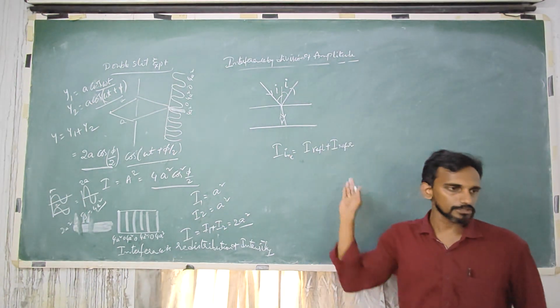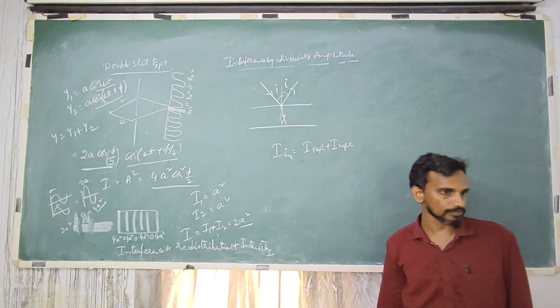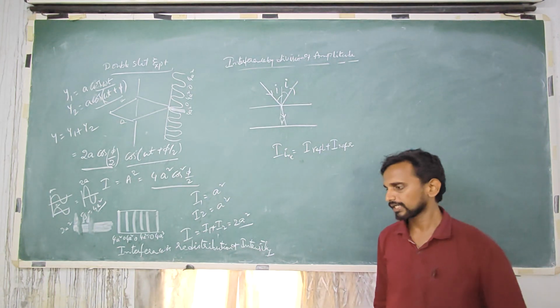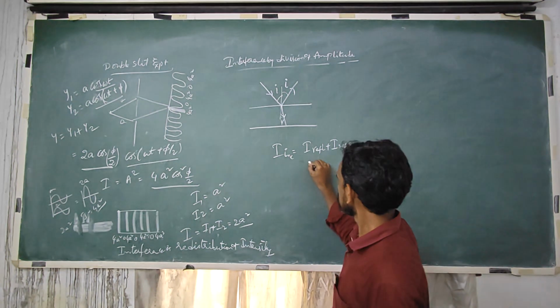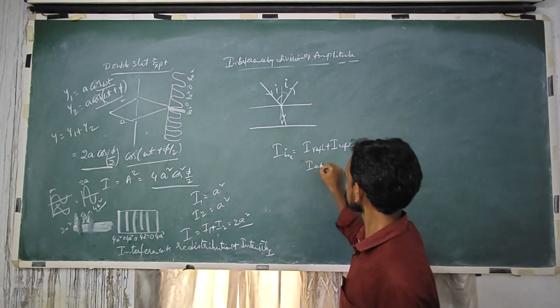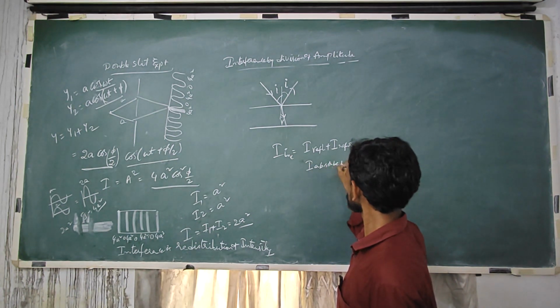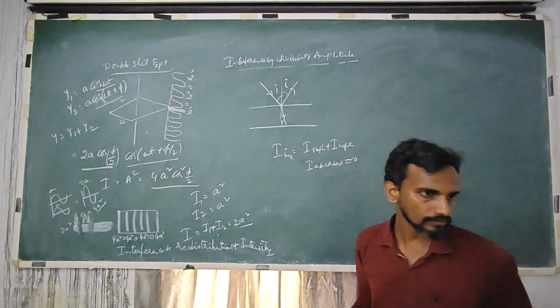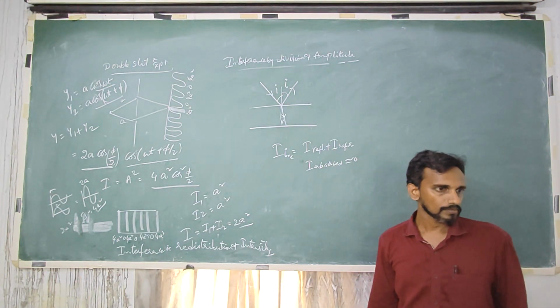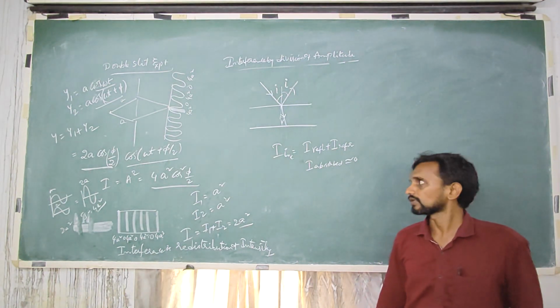The intensity will be distributed between the reflected ray and the refracted ray. Here we are neglecting the absorbed part. There is no absorbed light.